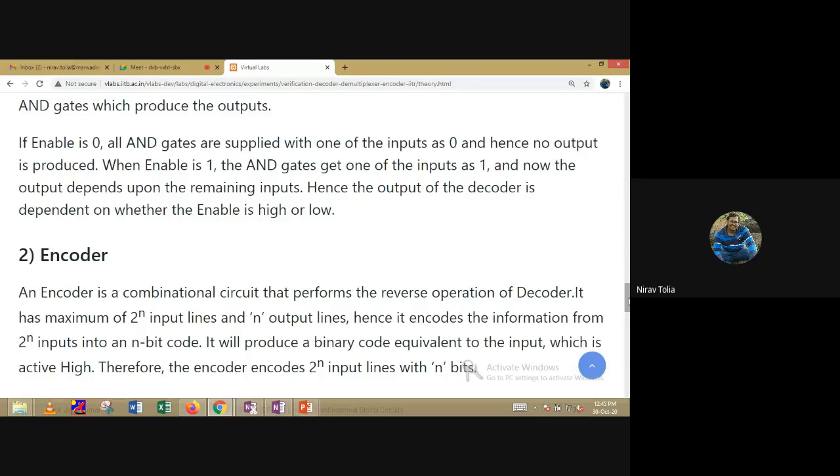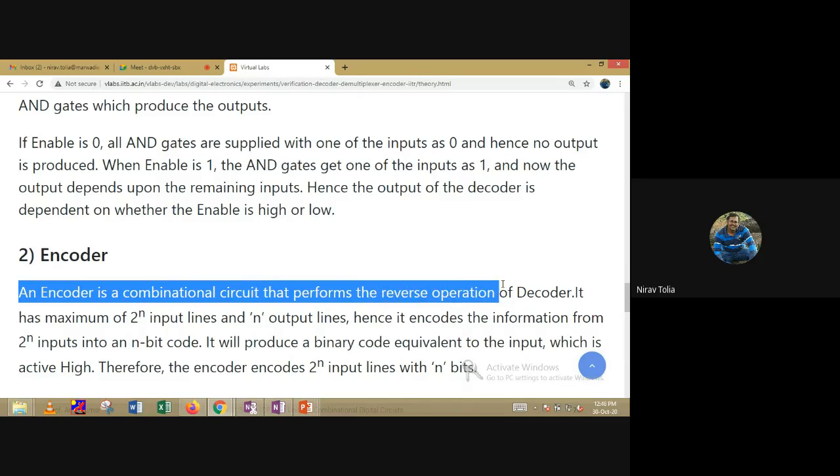Okay. So now move to the encoder. As we have a multiplexer and demultiplexer whose operations are opposite to each other, in the same way we have encoders and decoders. The operation of encoders and decoders is opposite to each other. It is already written here: an encoder is a combinational circuit that performs the reverse operation of the decoder.